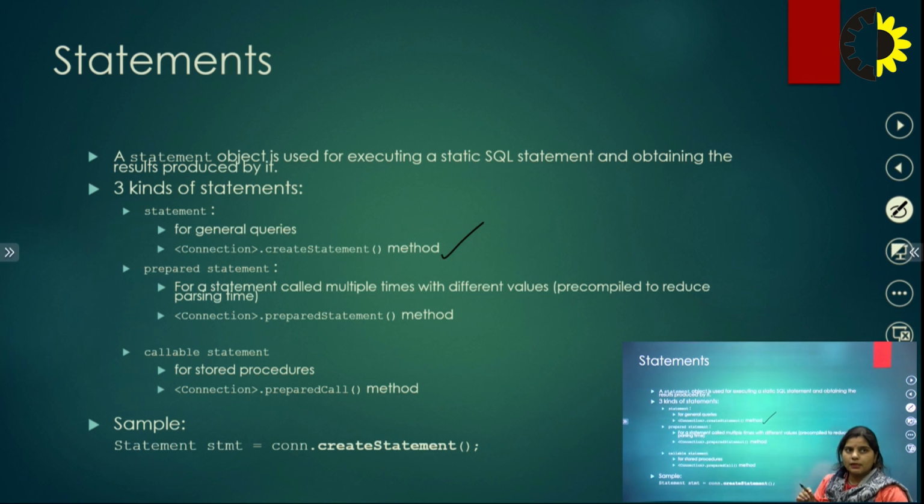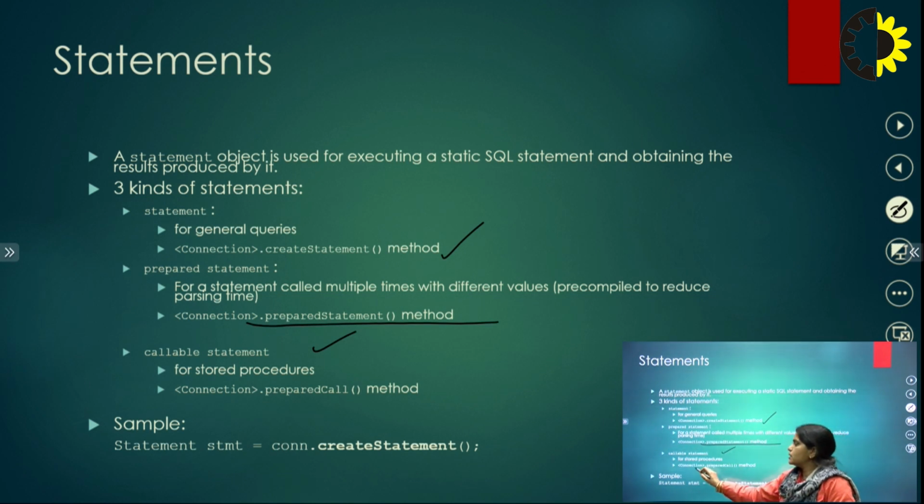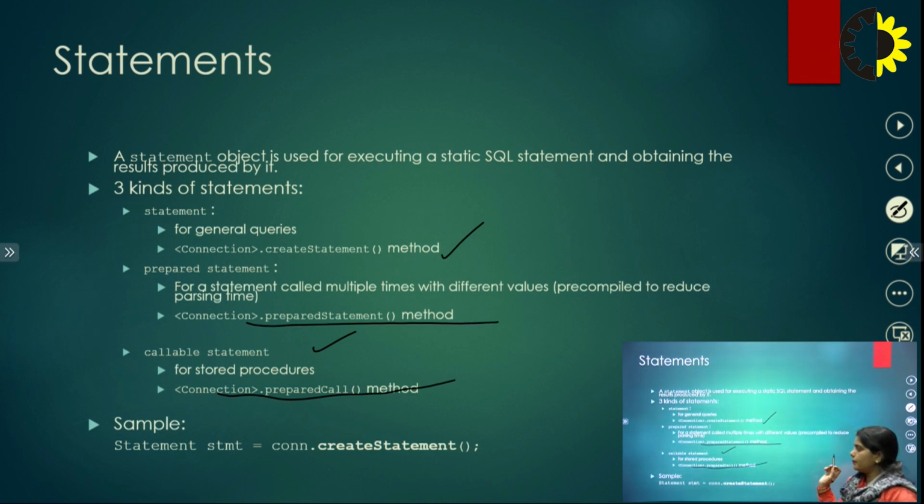This problem of calling a particular statement multiple times with different values can be solved by the prepared statement method. The syntax is connection dot prepareStatement. The callable statement is used for stored procedures only, and its syntax is connection dot prepareCall.